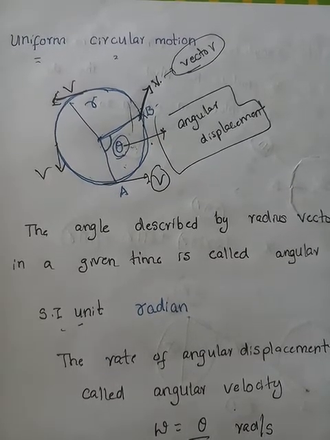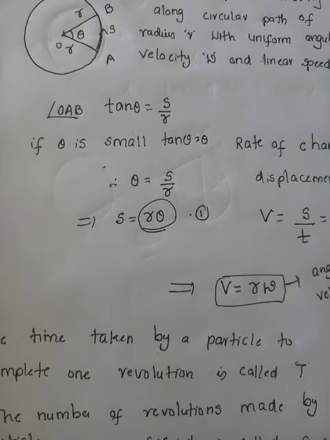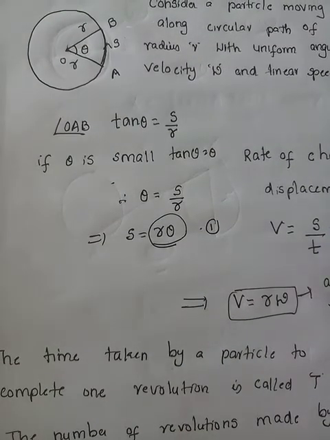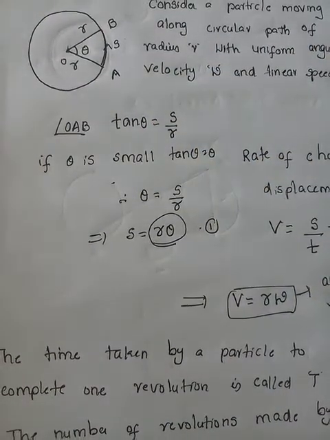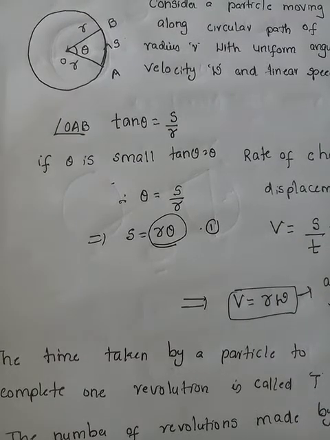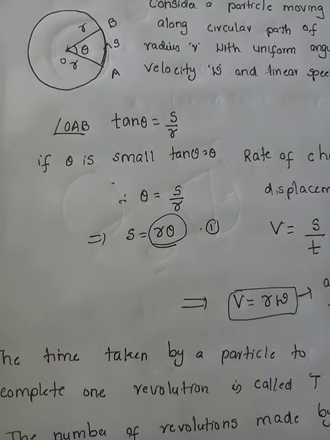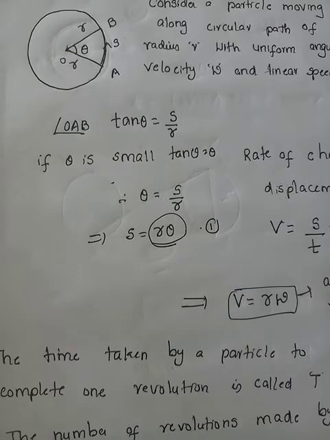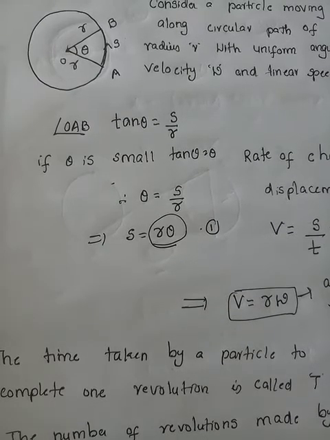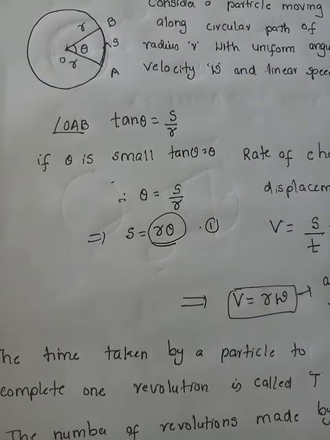And we came to know a new concept called angular velocity. The relation between v and r has been derived, that is v is equal to r omega. Here a particle is continuously moving in a circular path, takes some time to complete one revolution, that is called time period, and the number of revolutions made in 1 second is called frequency.